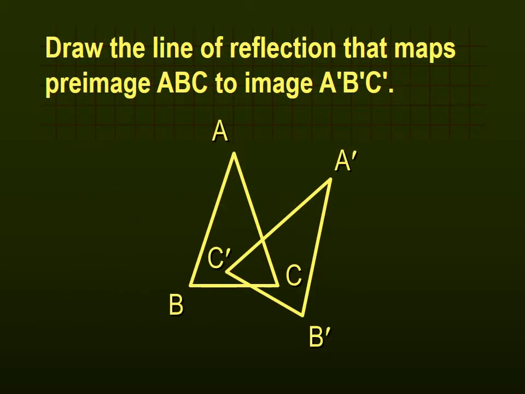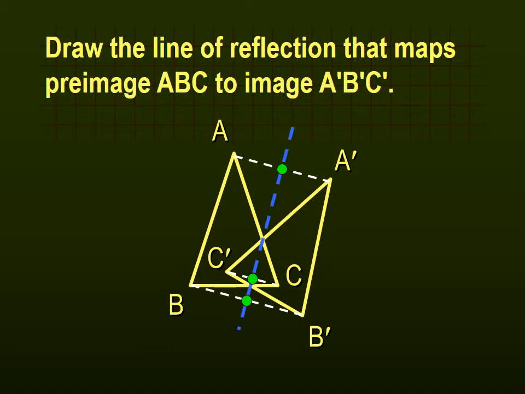This one wants us to draw the line of reflection that maps the preimage ABC to image A prime, B prime, C prime. So if here's A and here's A prime, we want the perpendicular bisector between A and A prime. Those are the perpendicular bisector points.